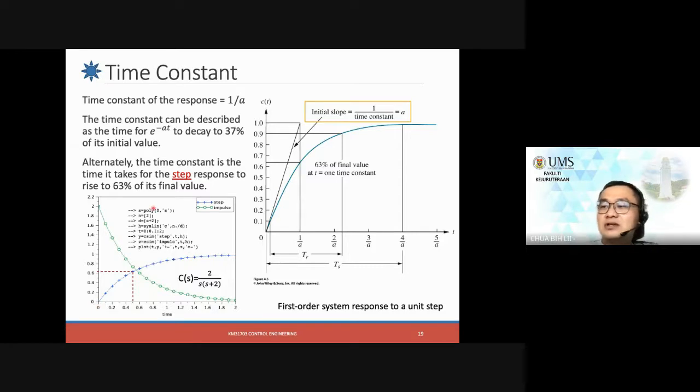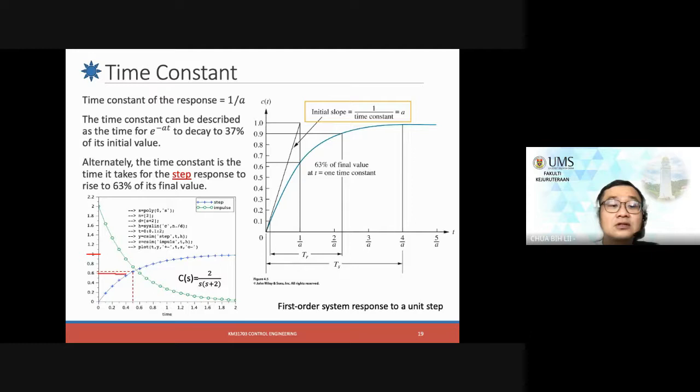So later on, you just check this. I just randomly put 2 over s plus 2 as my transfer function. And this is the graph that I have generated. So in order for me to find the time constant, I would take the 63%, or in this case, one is my 100%, therefore 63% is 0.63.